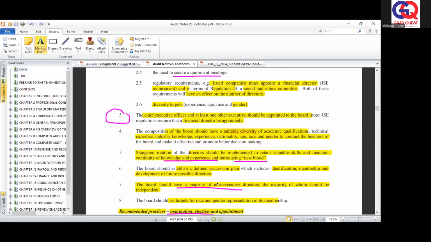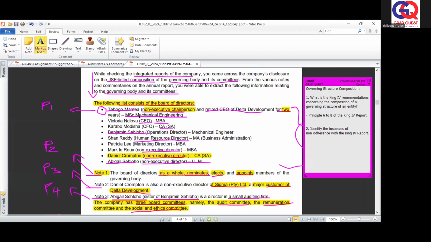So the board should have a majority of non-executive directors, the majority of whom should be independent. So the board does not contain the right mix of executive directors. Why am I saying so? Because if you look at the number of executive directors, there's about 1, 2, 3, 4, 5 executive directors versus how many non-executive?